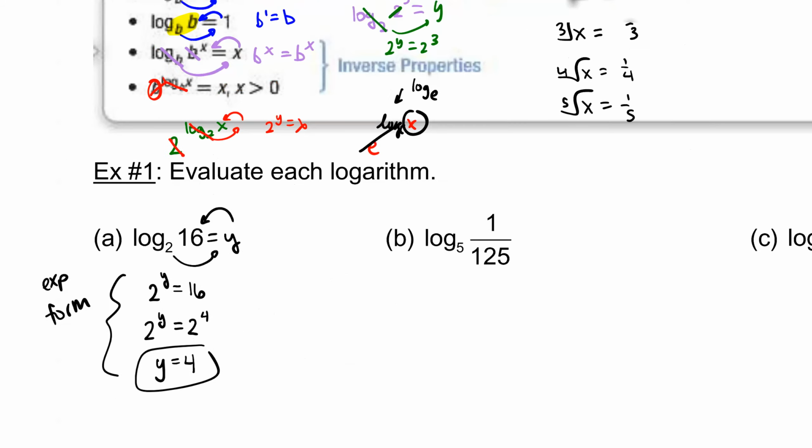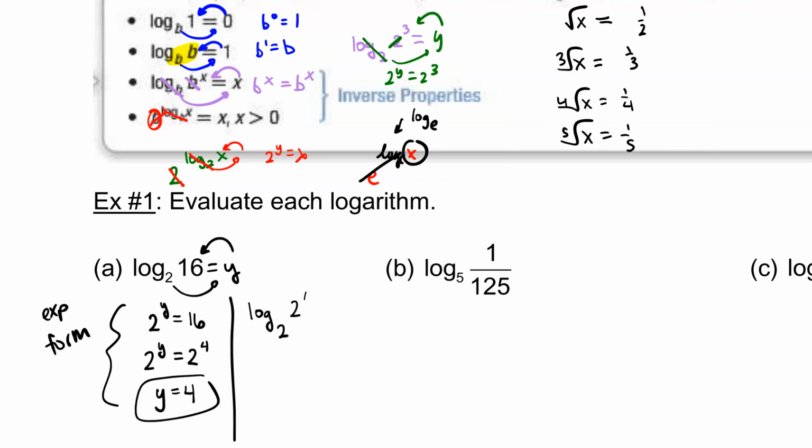Second way of doing this, you could say log base 2, and instead of 16, we could say 2 to the 4th.